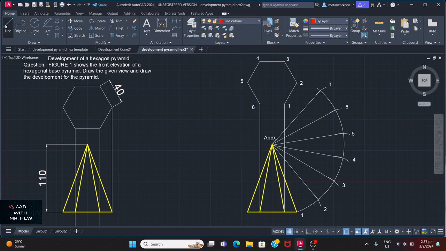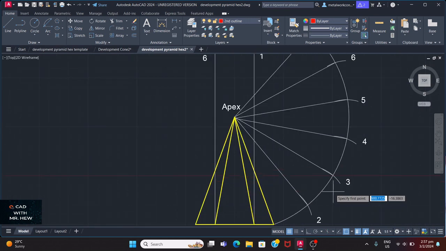for the pyramid. So what you're looking at is the construction. So let us draw it now. 1, 2, 3, 4.